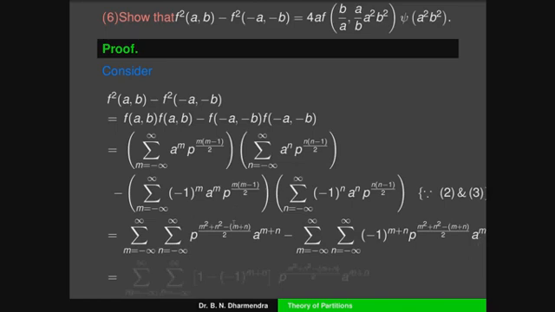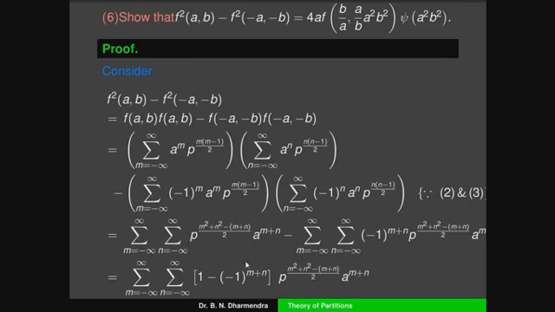So we have to take the common term, which is p^((m² + n² - m + n)/2) into a^(m+n), and the series is also the same. So it can be written as summation over m and n running from minus infinity to plus infinity of (1 - (-1)^(m+n)) into p^((m² + n² - m + n)/2) into a^(m+n).